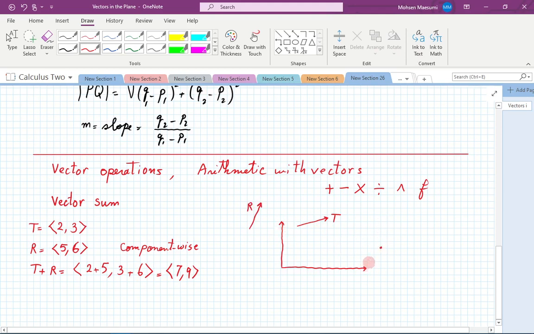Maybe I come to some arbitrary location here and duplicate my t. Here's my t, parallel to that, same kind of displacement. Then I color this differently so that we can follow it better. I start my second vector where the first one finished, so here I will draw my r. The result of this sum, let's call it w, is what takes me from the starting point to the final point.